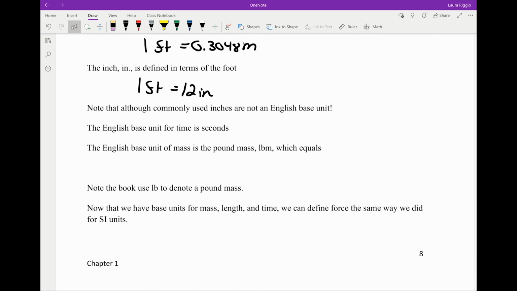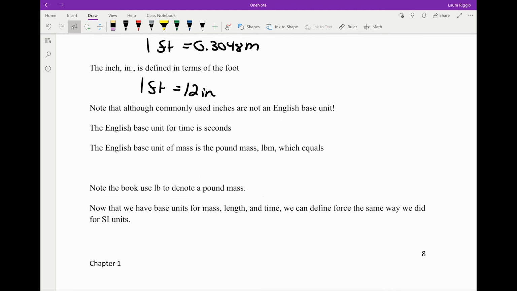The base unit of mass in the English system is the pound mass, where 1 pound mass is equal to 0.45359237 kilograms. Now, if you have already taken fluid mechanics, you might be asking, don't you mean it's the slug?